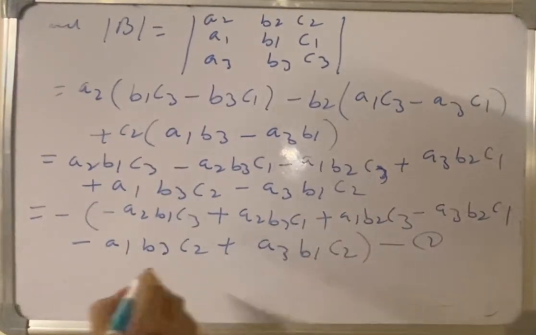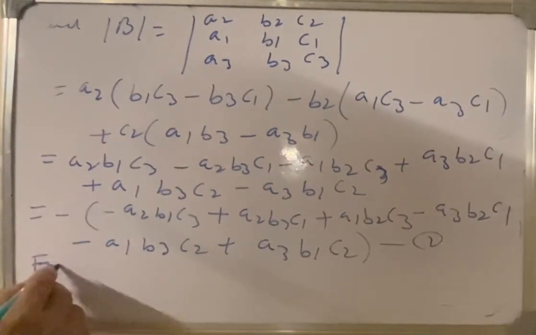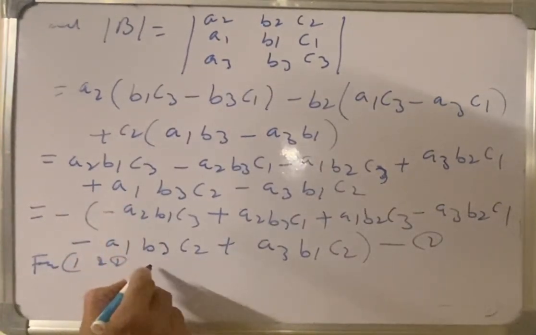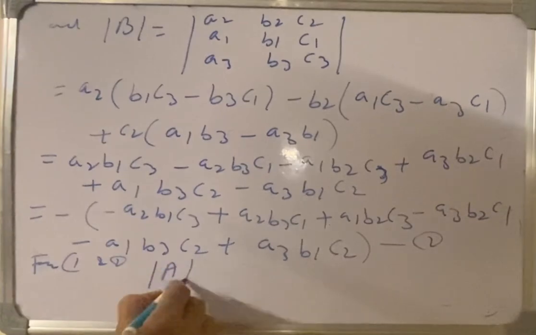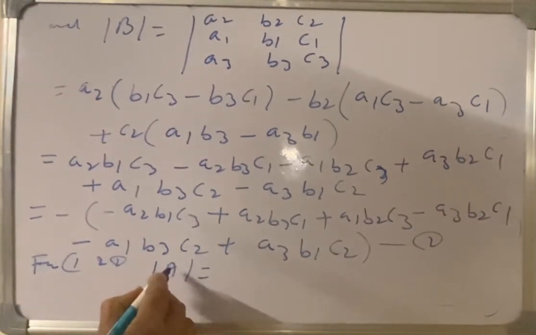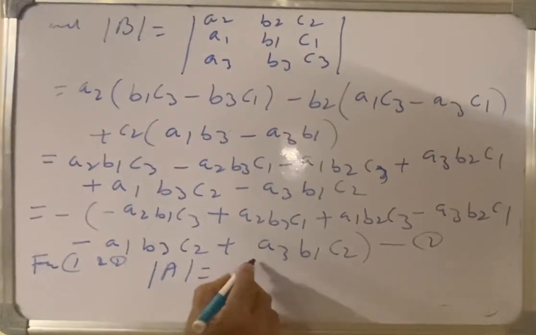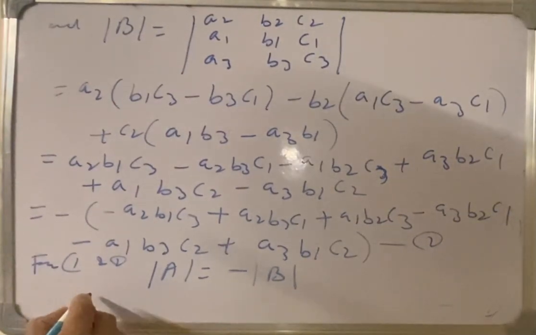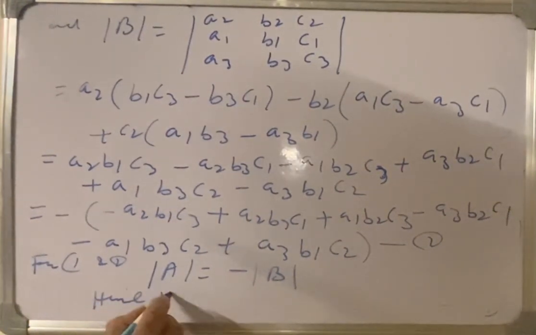This is number second. From first and second, determinant A is equal to minus determinant B, hence verified.